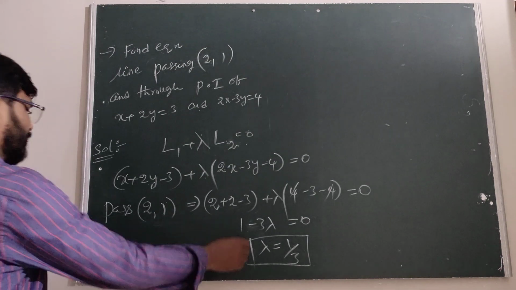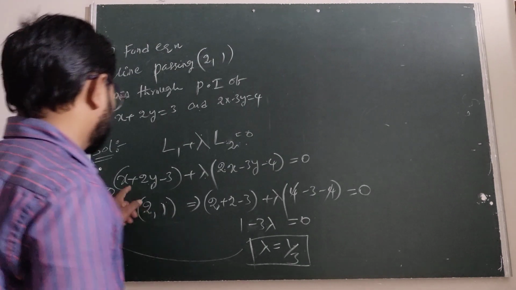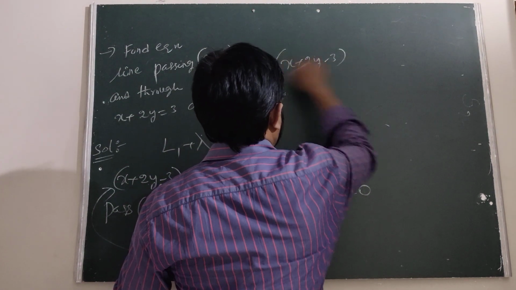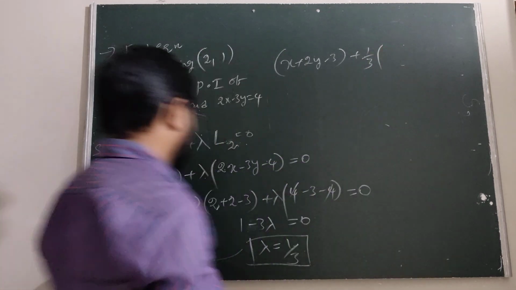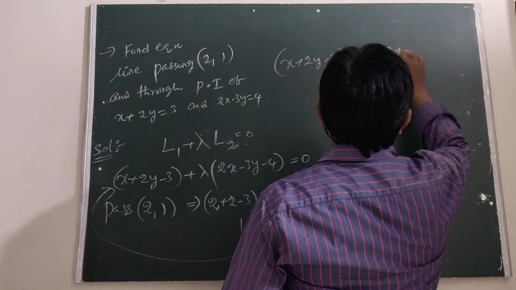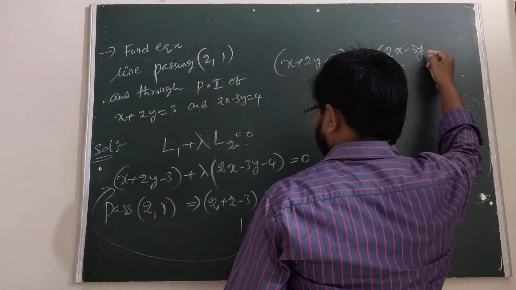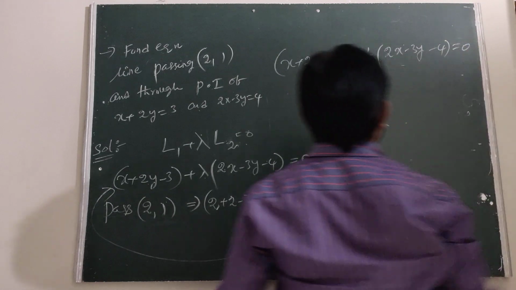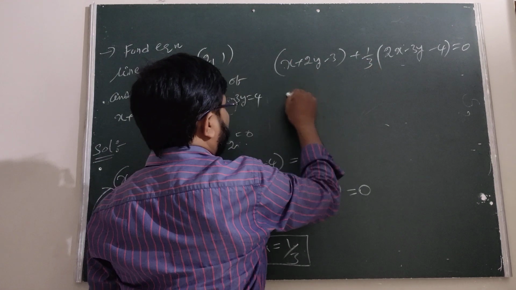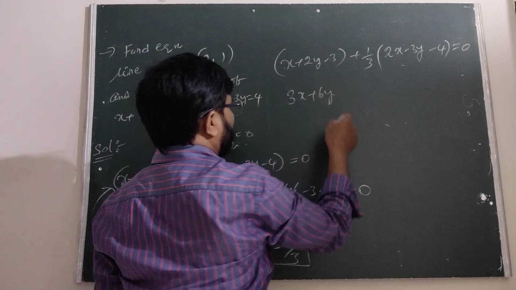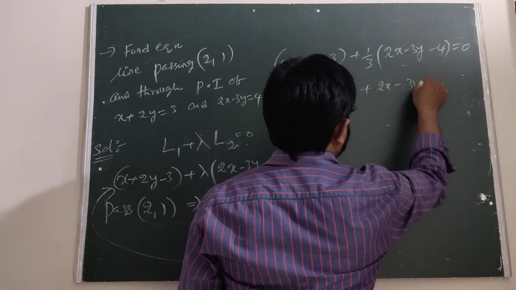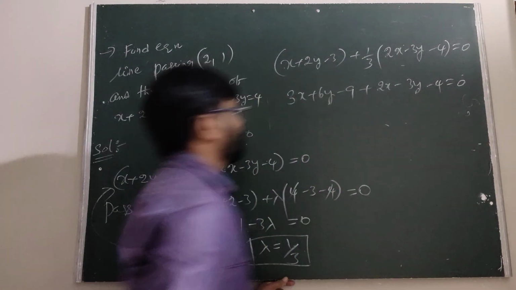Now the lambda is substituted in this. We got x plus 2y minus 3 plus 1 by 3 into (2x minus 3y minus 4) equal to 0. Now we can write 3 into x is 3x, 3 into 2 is 6y, minus 9, plus 2x minus 3y minus 4 equal to 0.